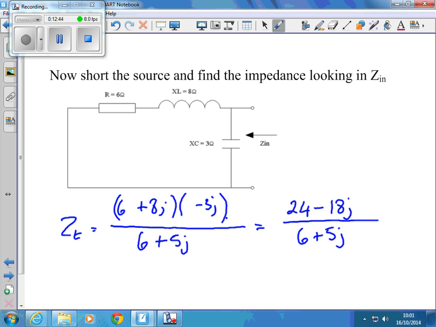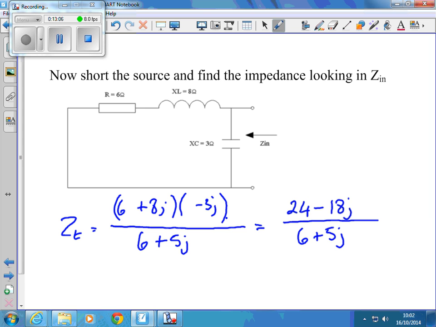What do we have to do now to do that rectangular quotient? Yeah. So multiplied by the complex conjugate.